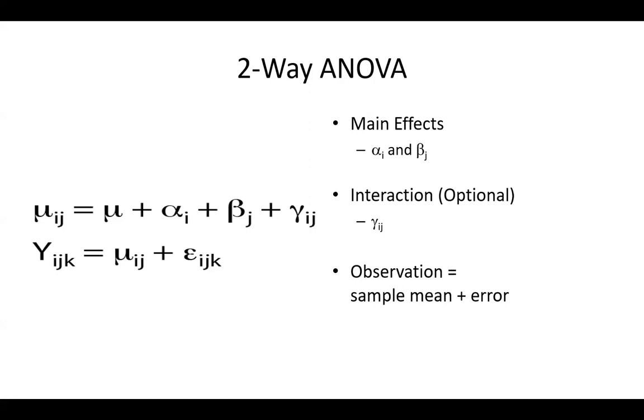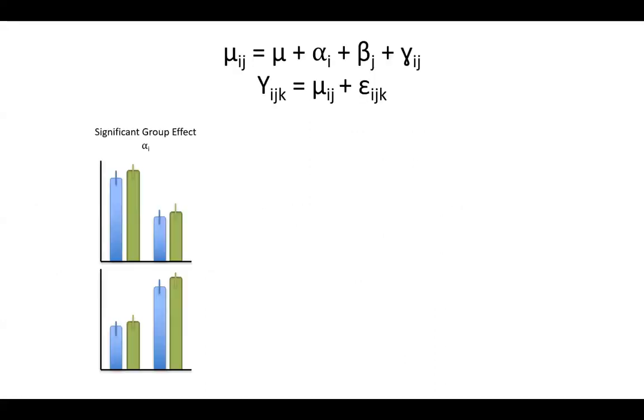Now, visually, I find it a little bit easier to understand this than I do the mathematics. And this is what we're looking at visually. The alpha I term for our original figure is describing males versus females, where in this case, we might have one group that's significantly higher than the other group.